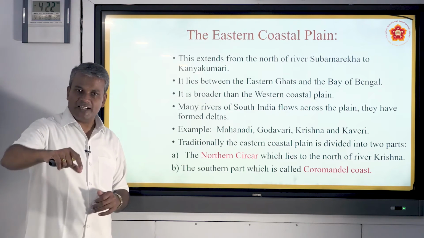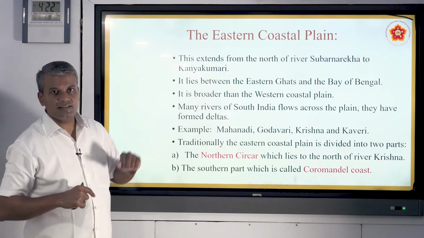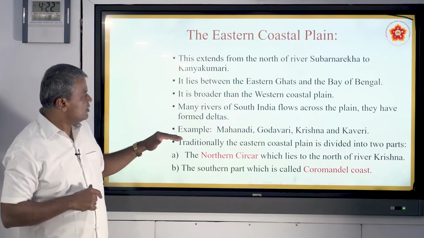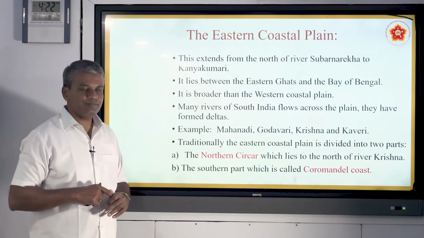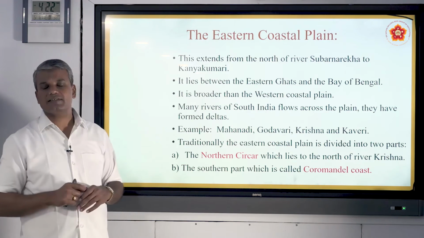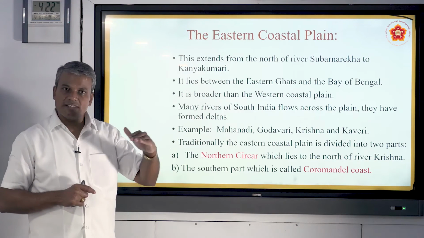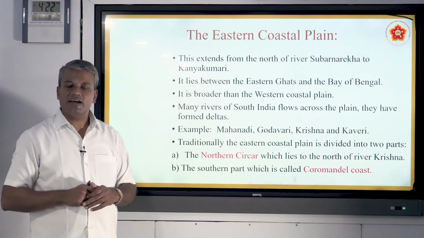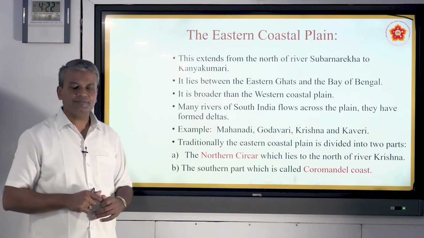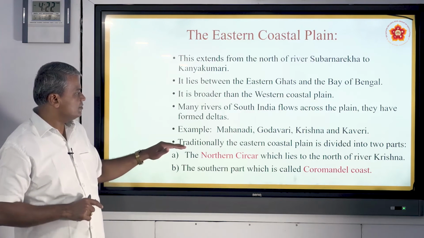So many deltas are formed in this eastern coastal plain. Examples: Mahanadi delta, Godavari, Krishna and Kaveri deltas.